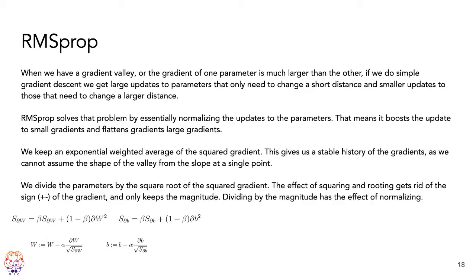To make it more smooth in our updates, we just add an exponential average, because the loss function may be hilly or have a different shape, and we want to average out those kinks in our loss function so we don't have a sudden change to our update for no reason.